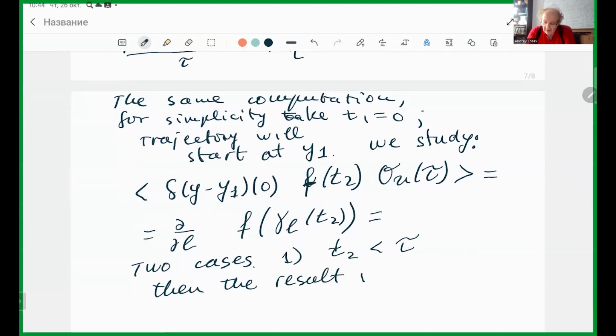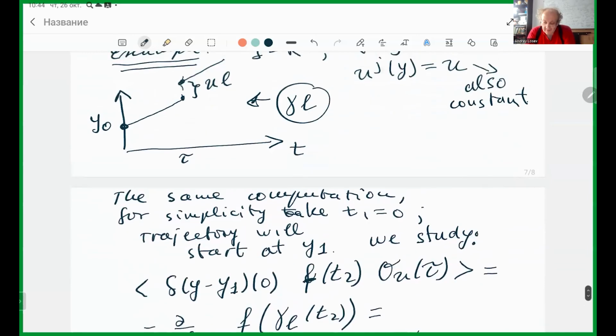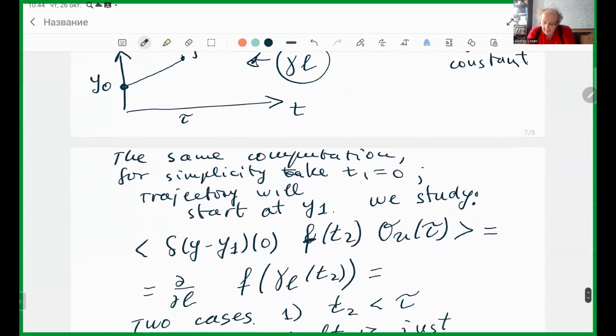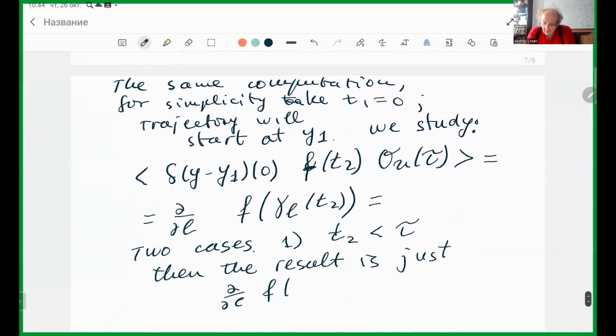Then the result is just d over dl of f of y1 plus t2 v naught.